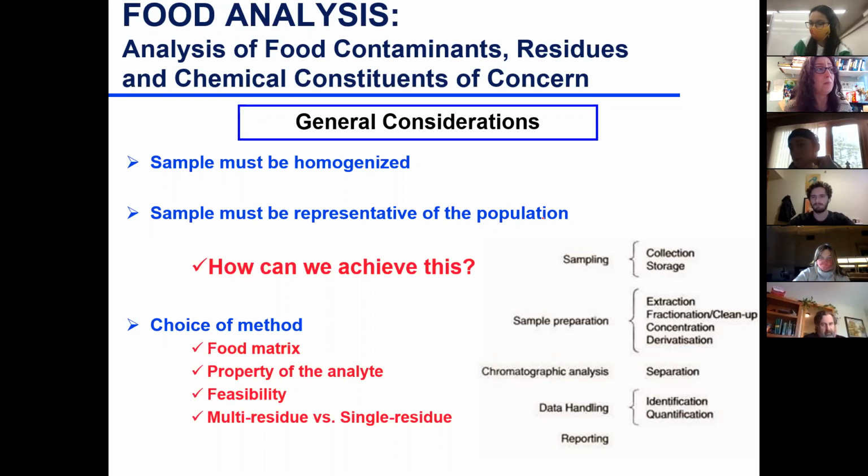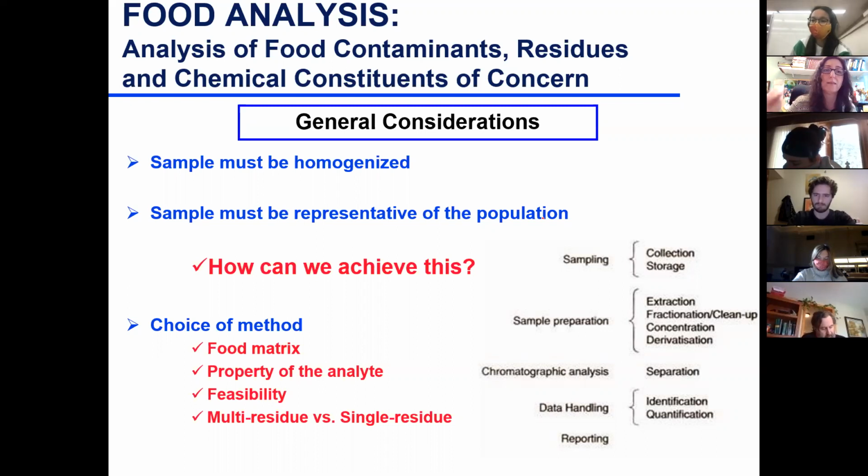With attribute sampling, you need to make sure you have a representative sample, and you need to take a lot of samples. Because if you let a sample pass, a whole production pass, because you didn't sample enough, that's a hazard to the consumer. So you want to make sure that when it comes to something that could be hazardous to the consumer, you do attribute sampling.